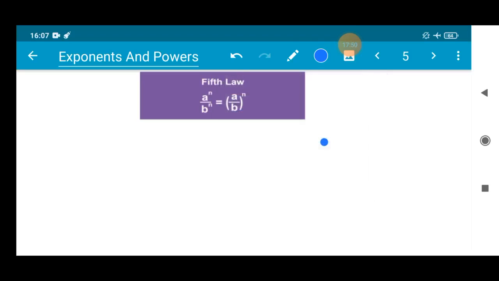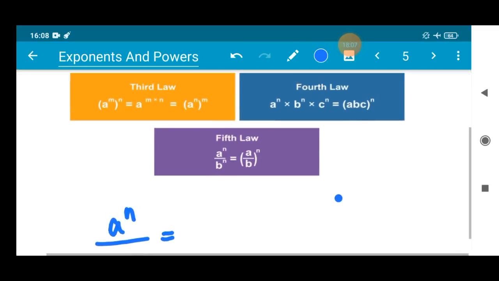This law states that whenever you have an exponential form like this, a to the power n by b to the power n, that means the bases are different, right? The bases are different but the powers are the same. In the fourth law I forgot to mention that there is a multiplication sign also.